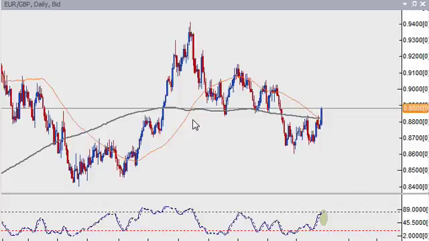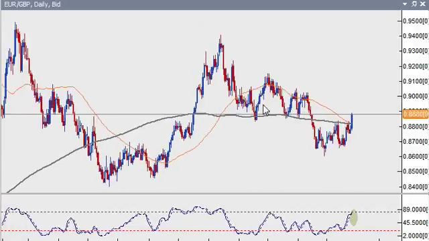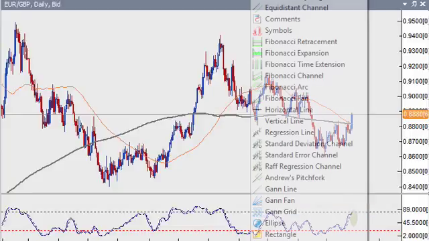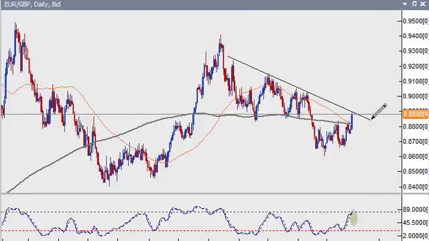Here's a look at the euro pound pair in the daily time frame. We see the market has been declining, and now the market is rallying to test a declining resistance. So you see the market starting to channel down. This is a major correction. We see that in the stochastic.